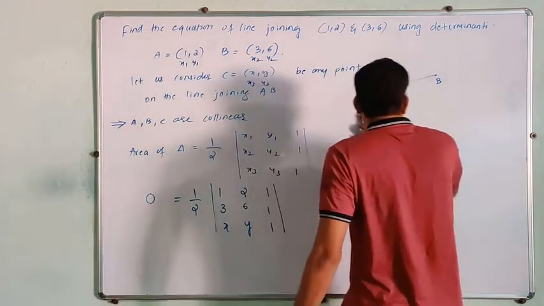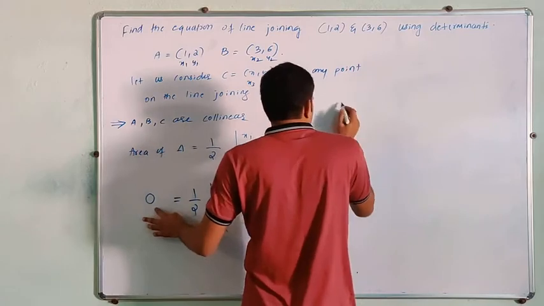Then cross multiply these two. When we cross multiply, 2 into 0 is 0.